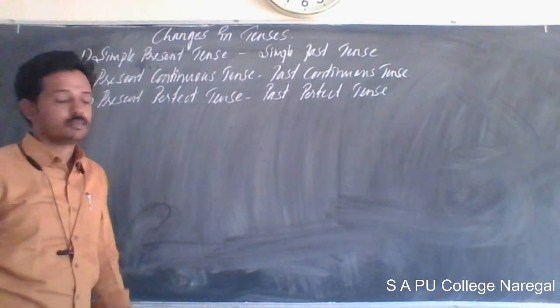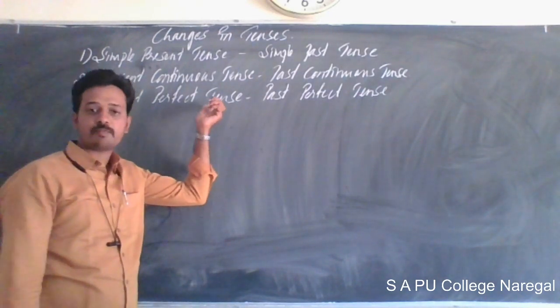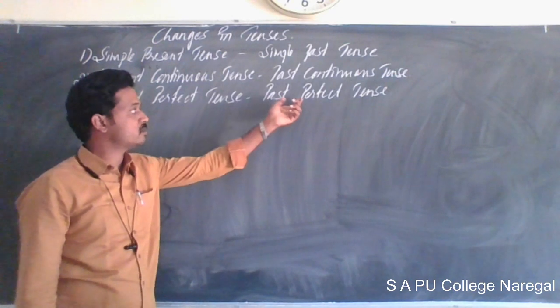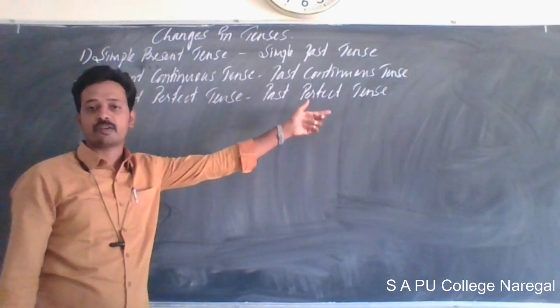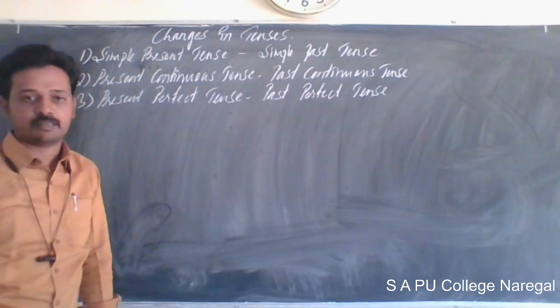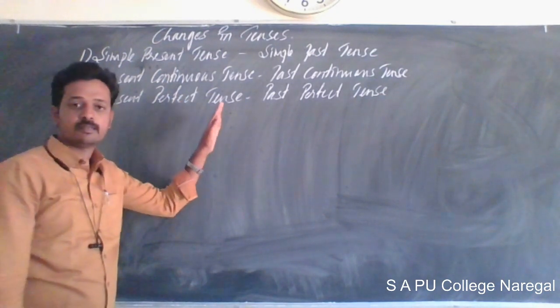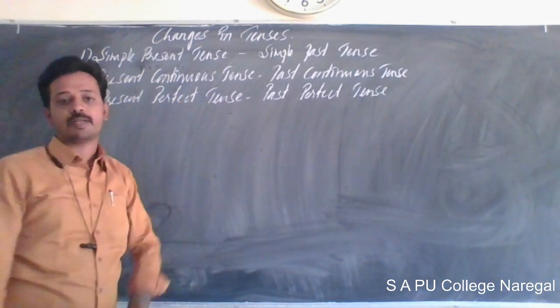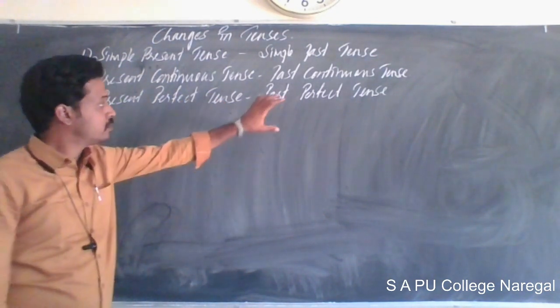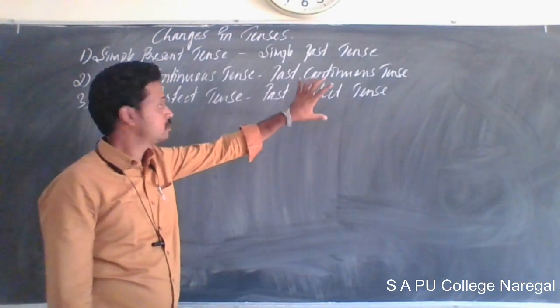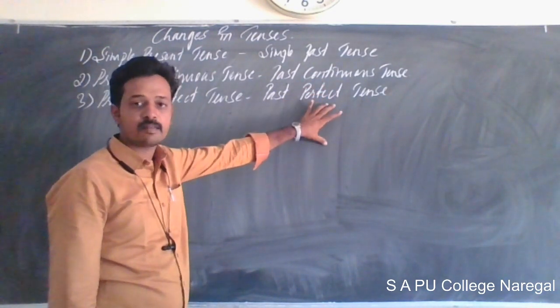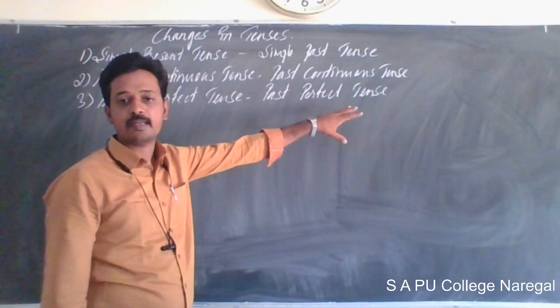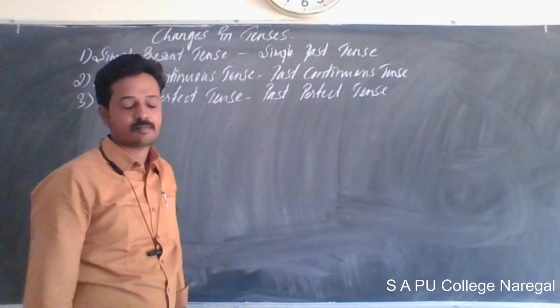Present perfect. So if the sentence belongs to present perfect, we have to convert it into past perfect while converting to indirect speech. Nandi said, I have completed my work. Nandi said that he had completed his work.